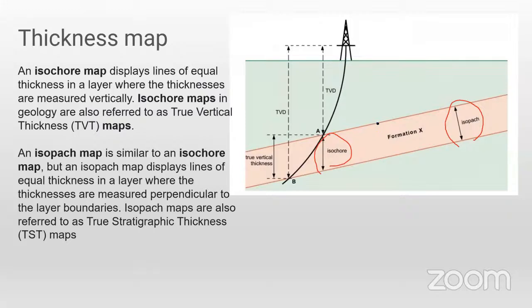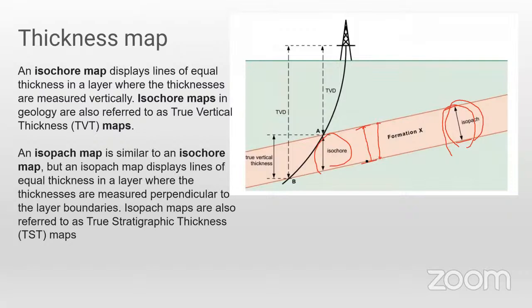Look at this one, for example, from here to here is vertical thickness. And the isopach is the stratigraphic thickness. In all locations, this one is the same.